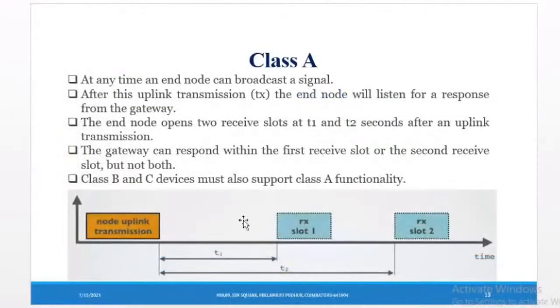In this method the entire device is in sleep mode. Whenever the 5 minute timer triggers, only then will my node wake up, take the data and push it, and wait for a certain period. If a downlink is received it will process it, or else it will go to sleep mode. This is the entire functionality of how it works.